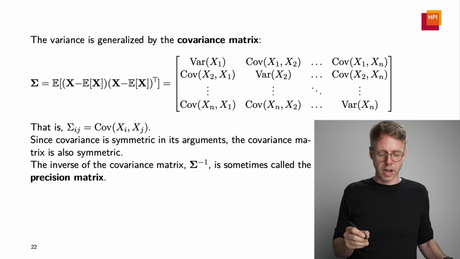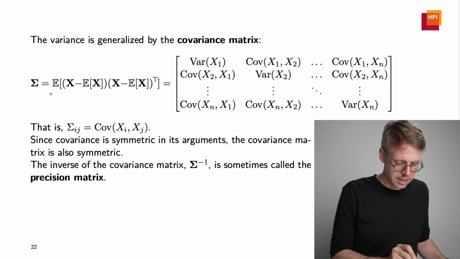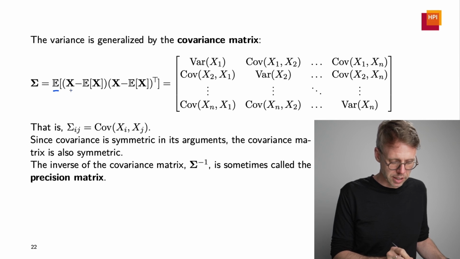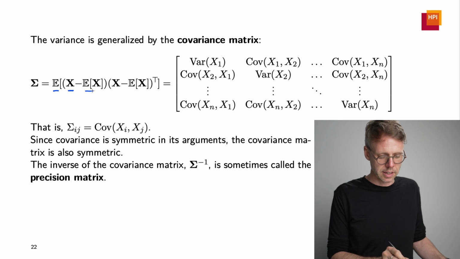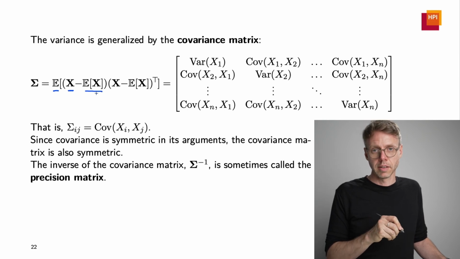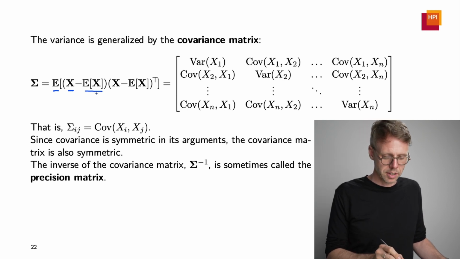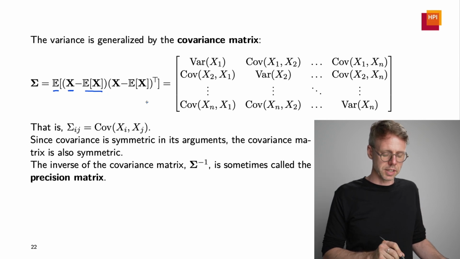The generalization of the variance is the so-called covariance matrix. The covariance matrix is defined as the expectation of the product of the random vector x minus the vector of expectations times itself, so the outer product of this difference.